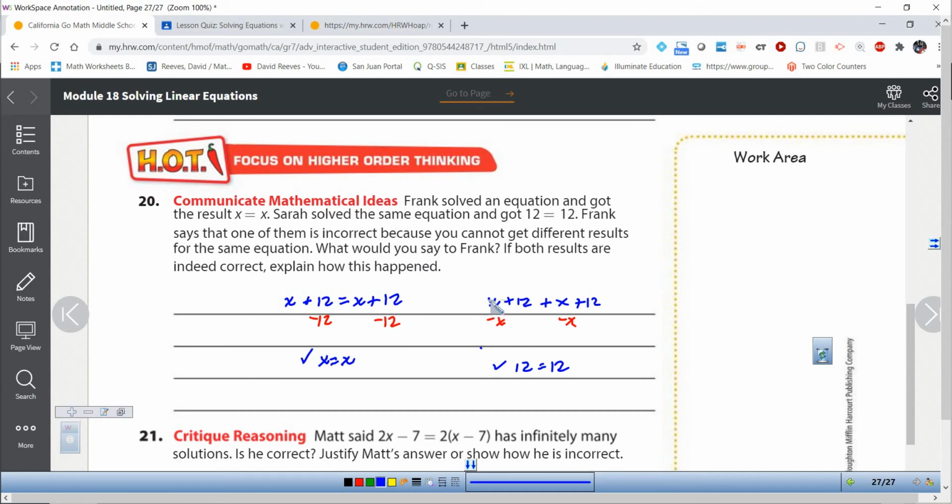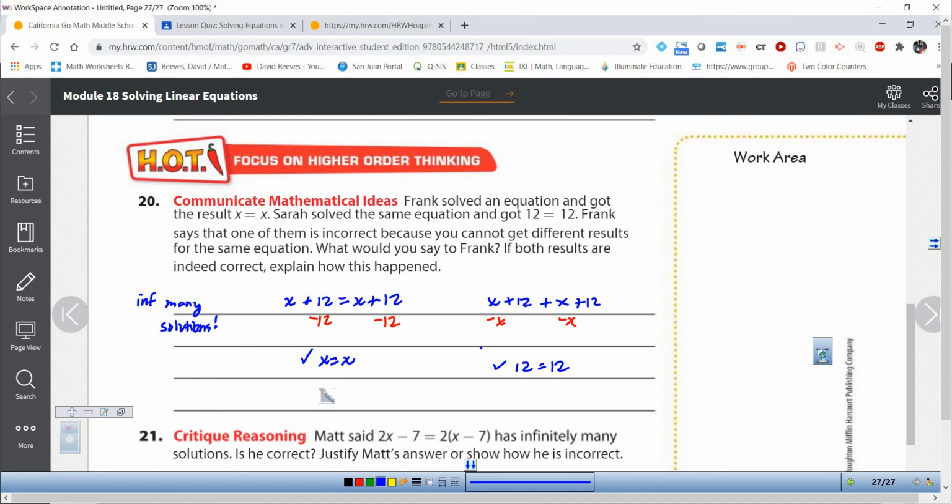It's the same equation, and this equation has infinitely many solutions, because the left-hand side always equals the right-hand side. So both of them have the correct solution, which means that Frank is wrong.